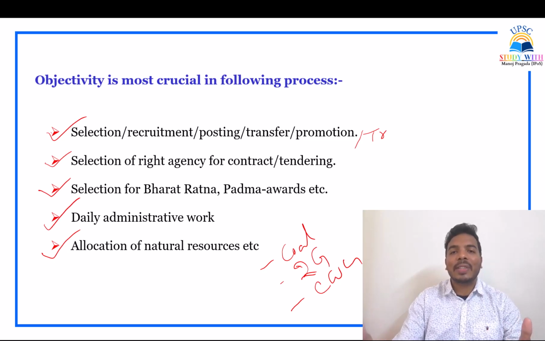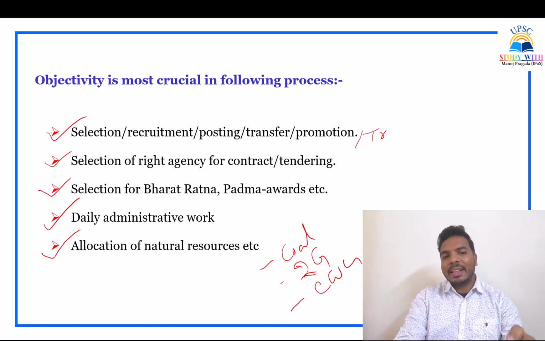The coal mines were allocated to a few businessmen on subjective criteria. Whichever businessmen funded the political party running the government at that point of time were given brownie points in the allocation of coal mines.